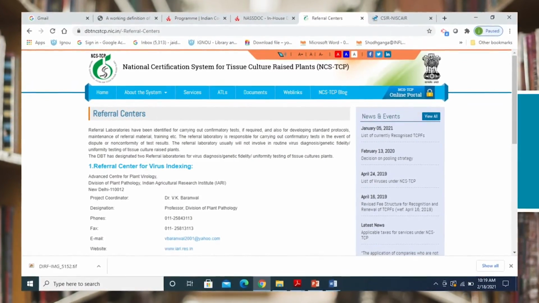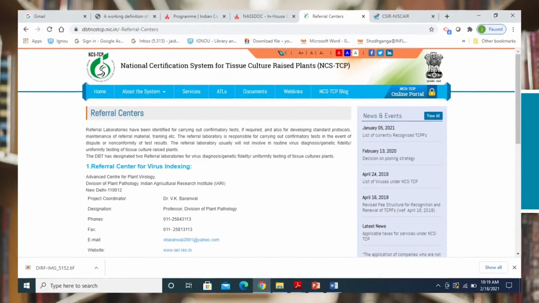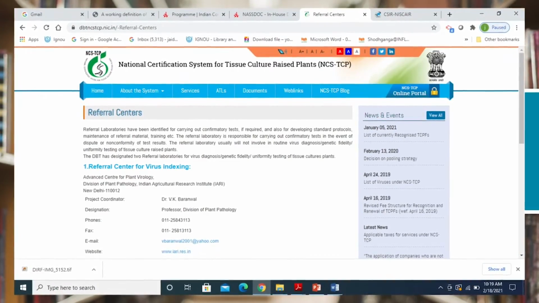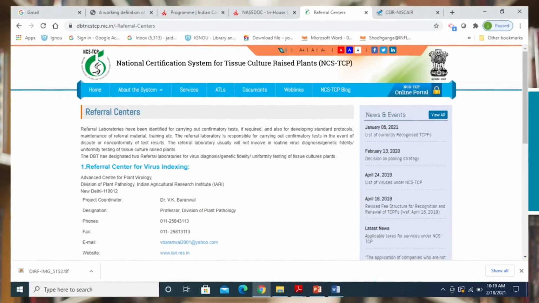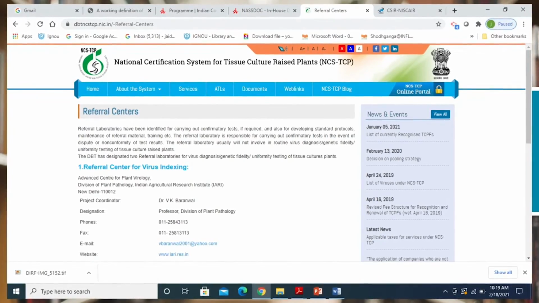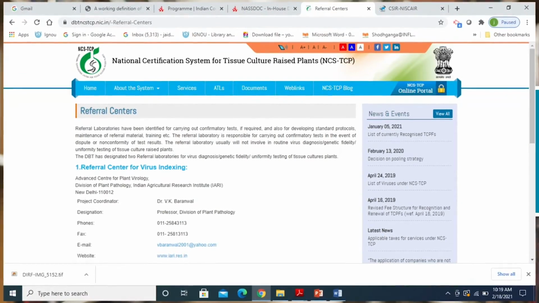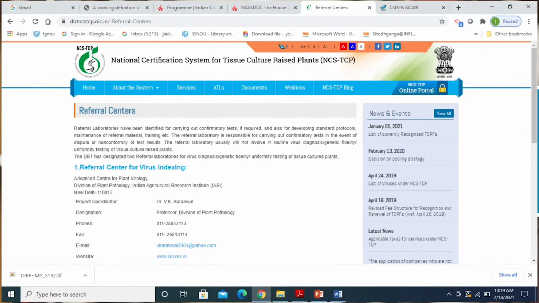Like here on your screen, it is a referral center for virus indexing. There are hospitals that act as referral centers because of their specialization and competence.